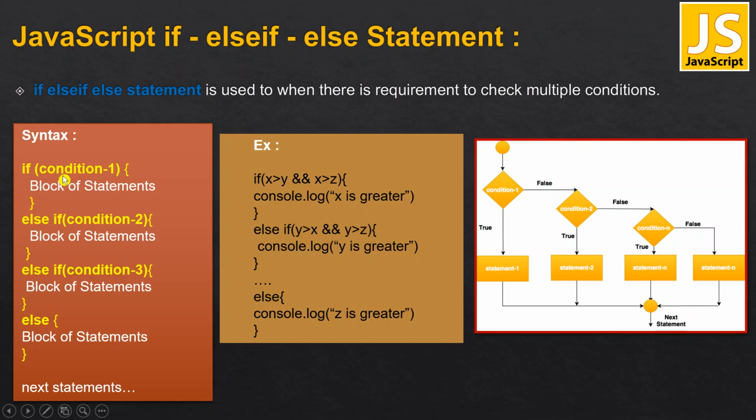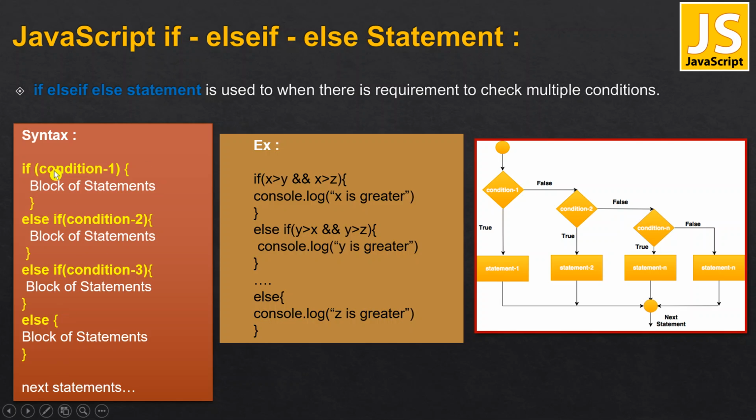Okay, so if the if condition is true, then the program control comes to the if block and it will be executed, and then the program control directly goes to the next statement's execution, and all these else if and else will be skipped.